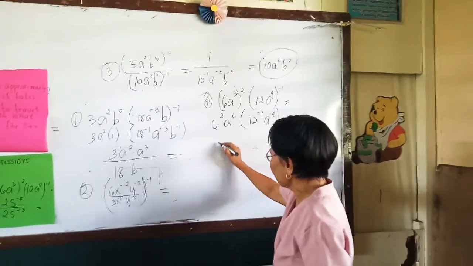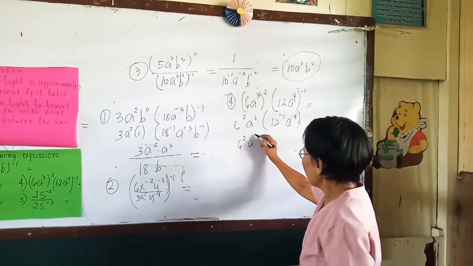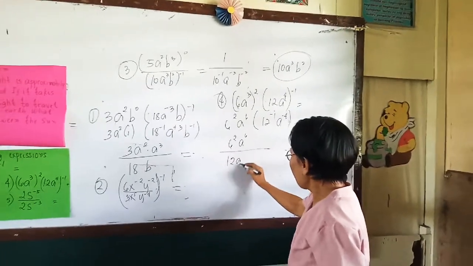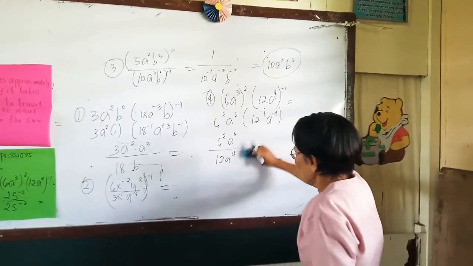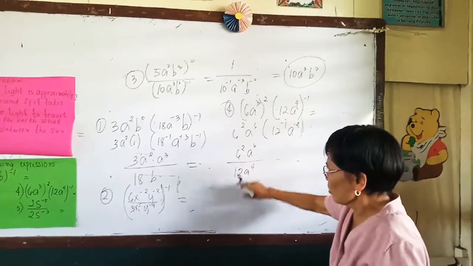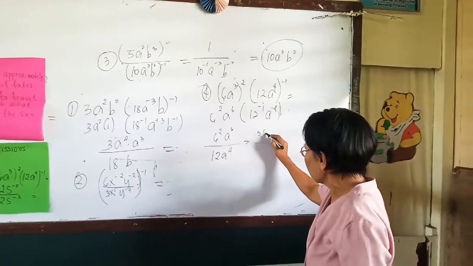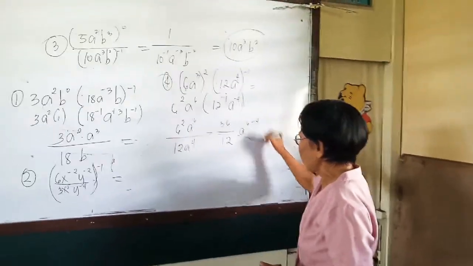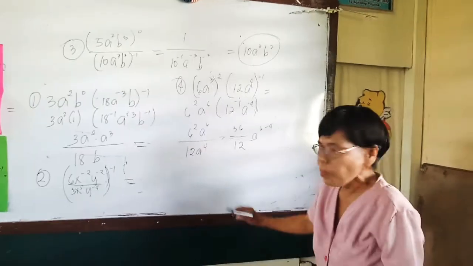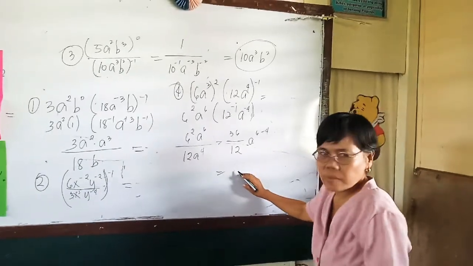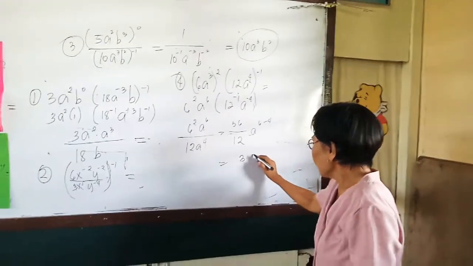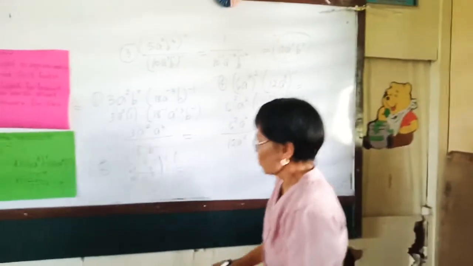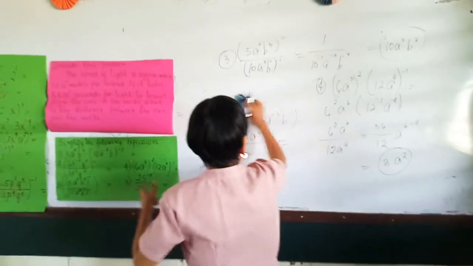So since this is negative, 6 squared a to the 6 over 12 a to the 4th. So simplify. 6 squared equals 36 over 12 a to the 6 minus 4. So 36 divided by 12, this is 3. 3a squared. That is the answer. So let's proceed to number 5.